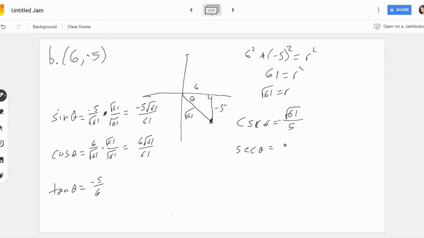I would take the original fraction, square root of 61, and flip it over 6. And then cotangent of theta is -6/5. So that's two examples. Plot the point, draw a line from the origin, label theta between the terminal side and the x-axis, wherever you are. Make the triangle, find the third side, then you can get your 6 trig functions.